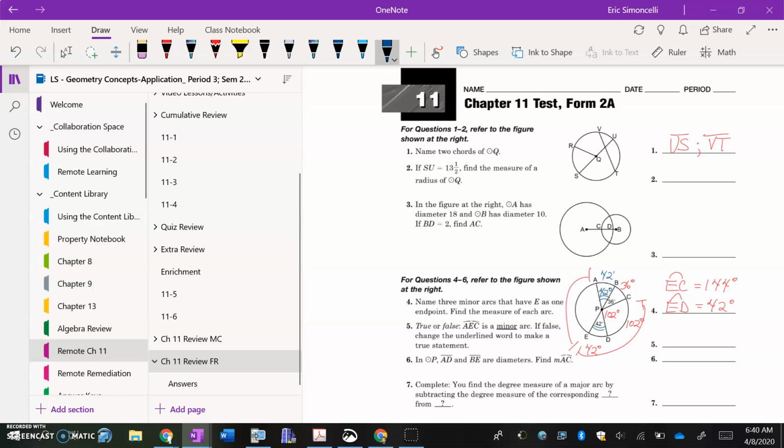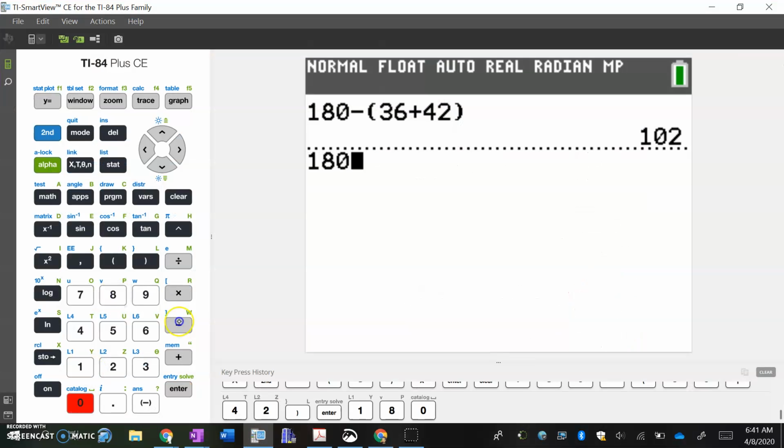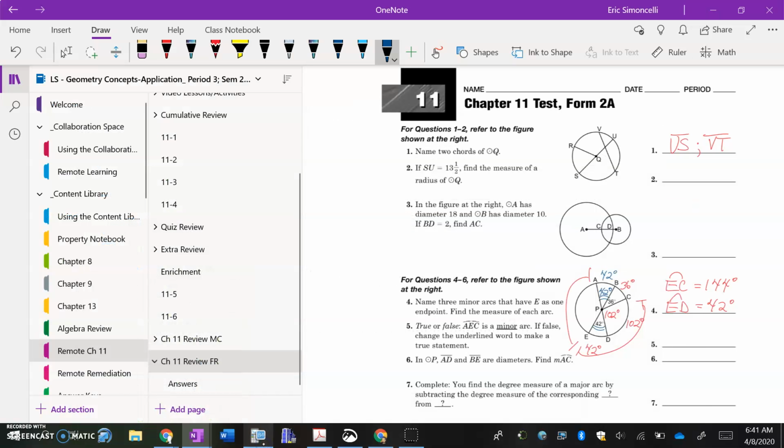This is also 42. So we can again do some quick math: subtract 180 minus 42. That should be 138. So we've got that for this central angle, and therefore this respective arc is also 138. We'll finalize that with the listing of minor arcs, and there you have it. Arc EA then is 138.